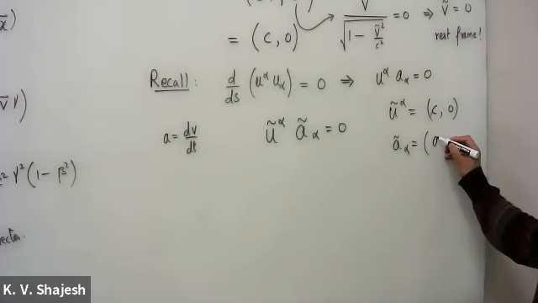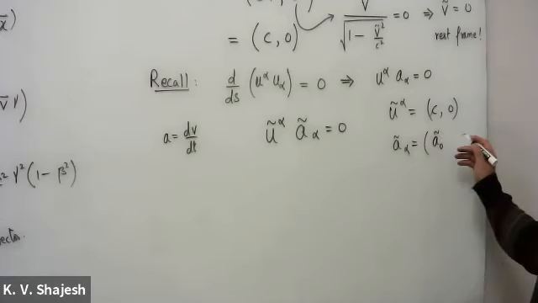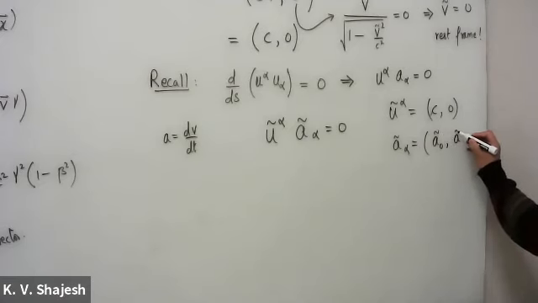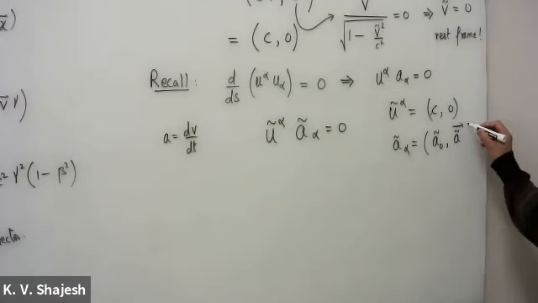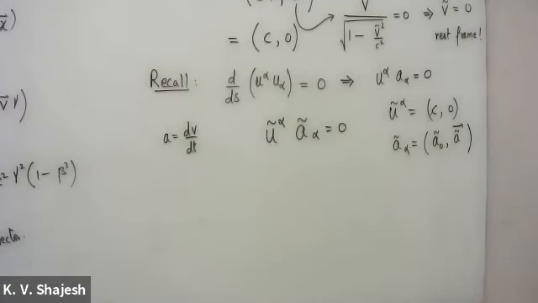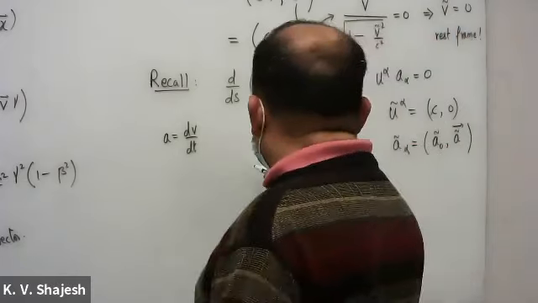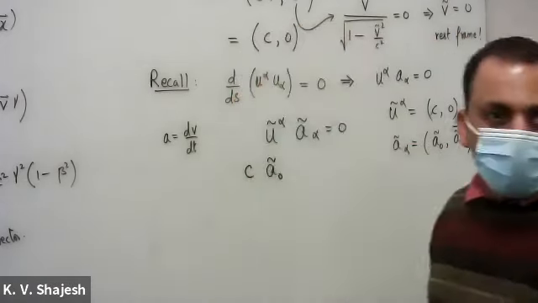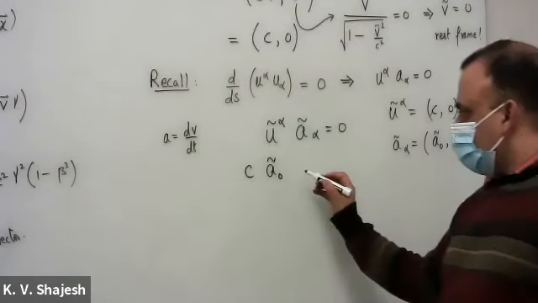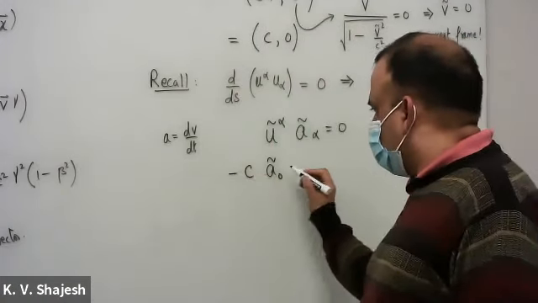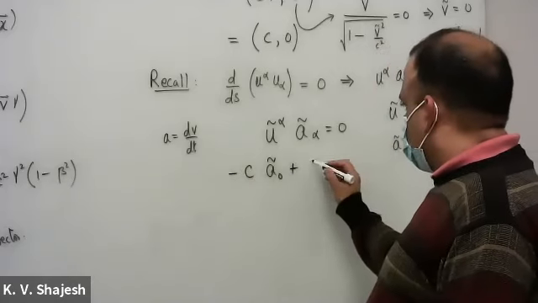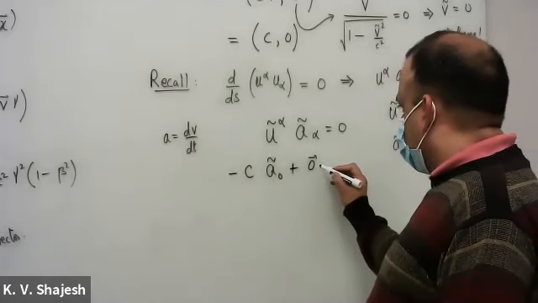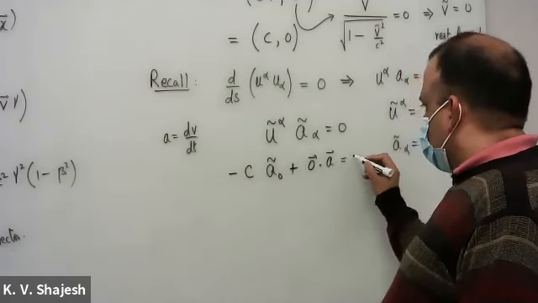So in general, I will have a tilde, let me call it downstairs, and there will be a vector A for the spatial part. When I take the product here, I get c times a tilde 0, minus, plus 0 times vector A, which is equal to 0.